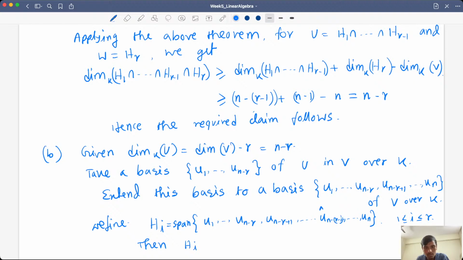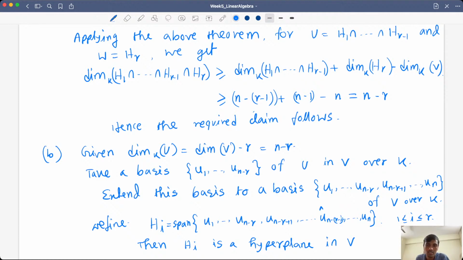So then Hi is a hyperplane in V, because this dimension is exactly n; u1 through un are linearly independent, and I'm deleting exactly one vector from them.